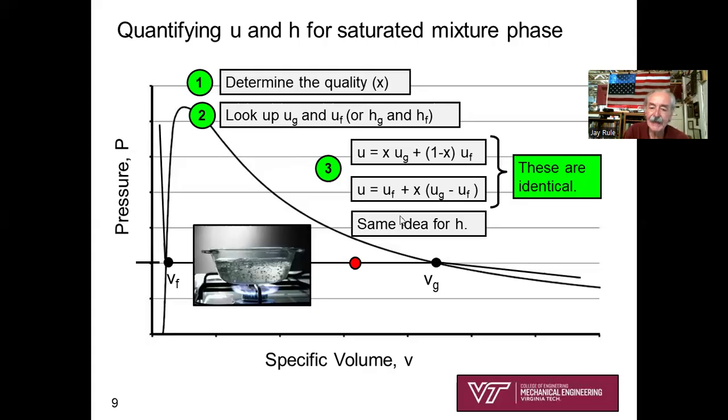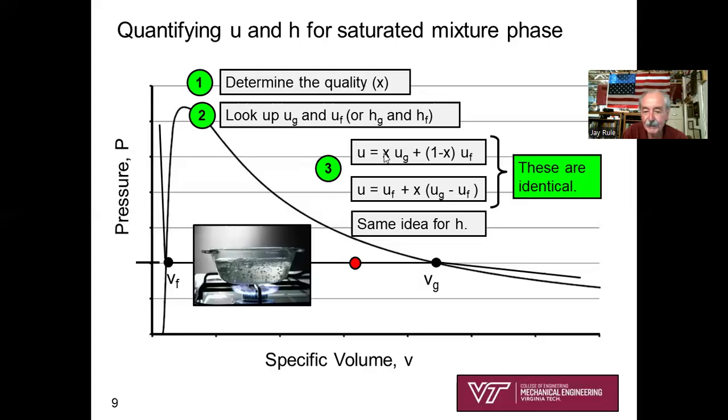So you remember that X was a proportion of vapor mass divided by total mass. Well, you can show then that here's that proportion of saturated vapor mass times U sub G plus what's left over. Do you see that 1 minus X is basically the percentage of what's left over from X?